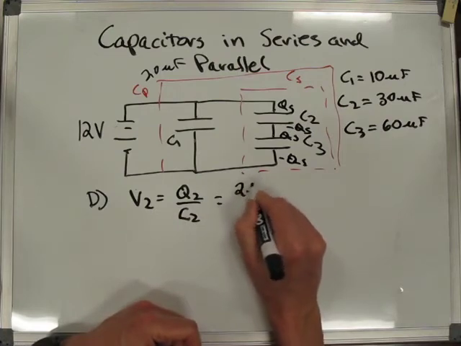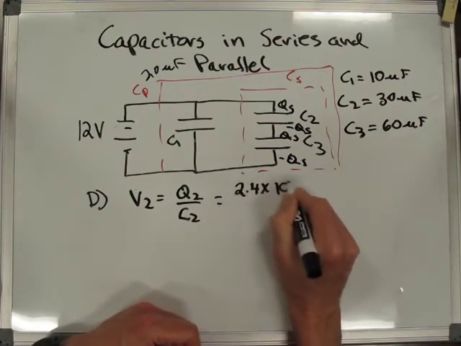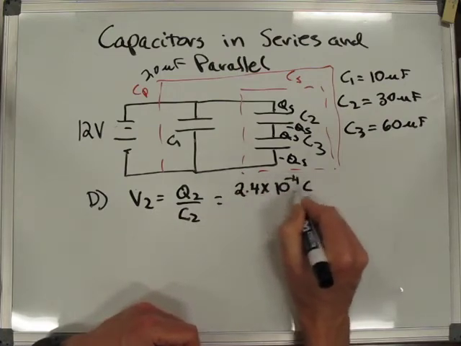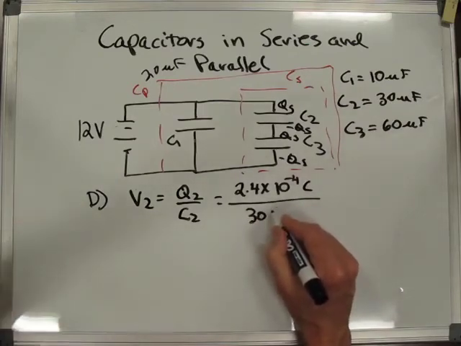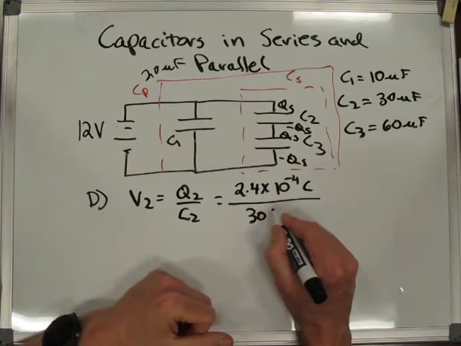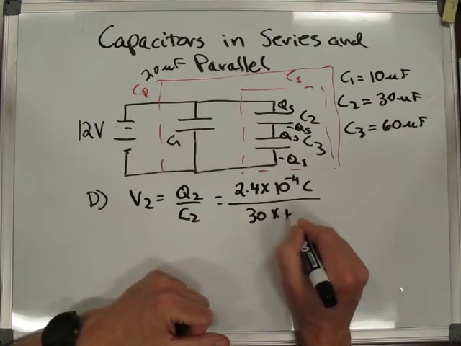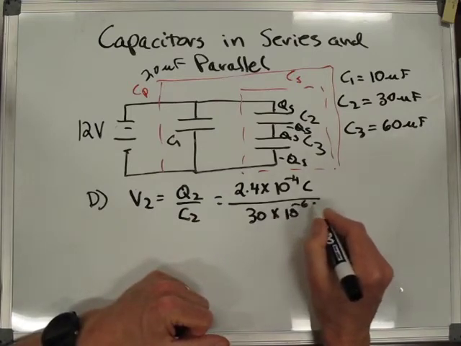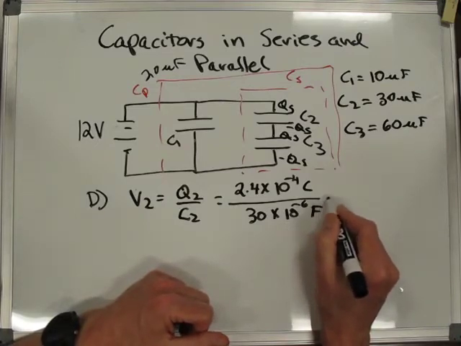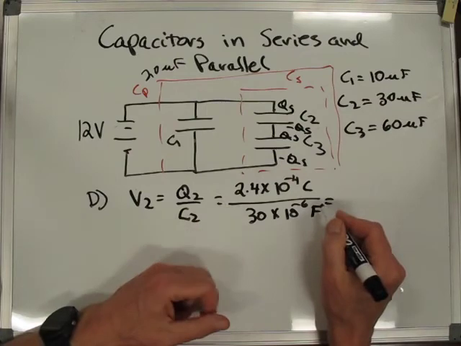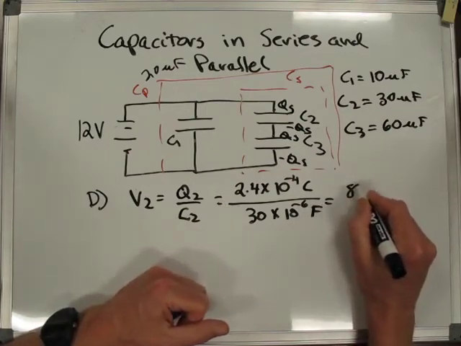The charge was 2.4 times 10 to the minus 4 coulombs divided by 30 times 10 to the minus 6 farads. And so this comes out to 8.